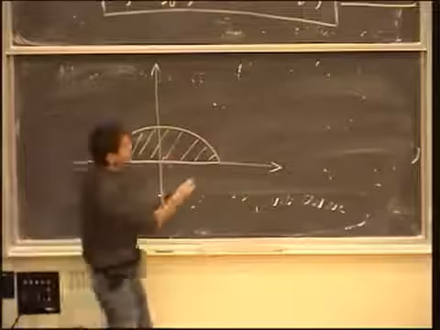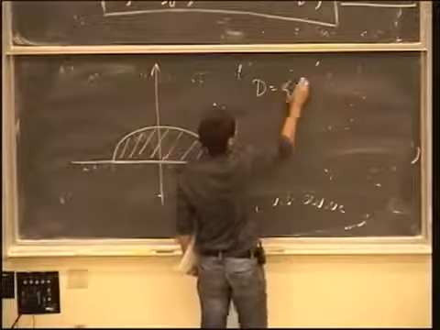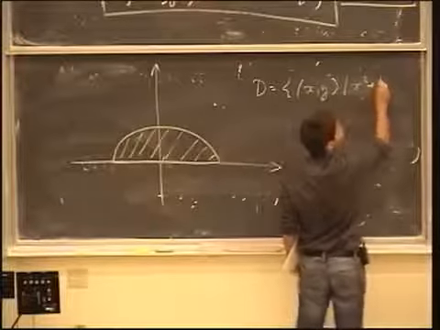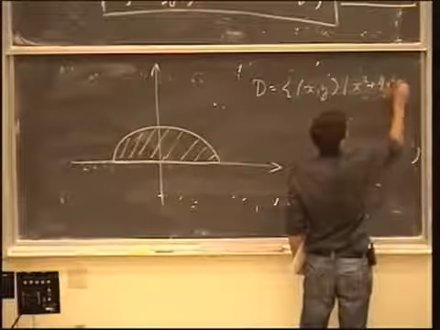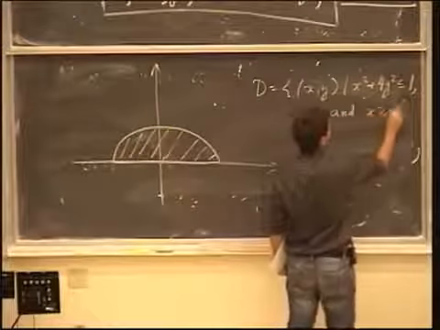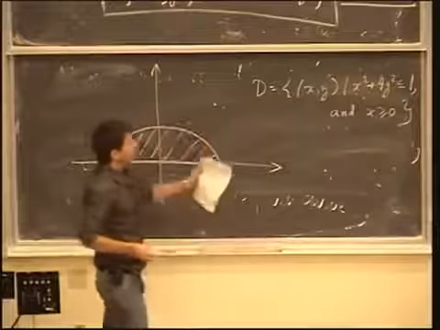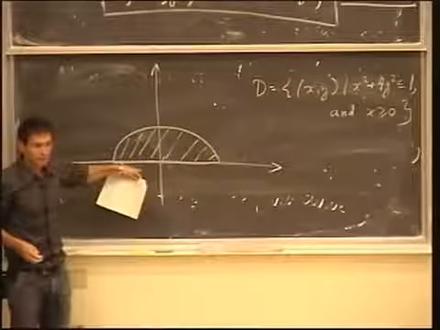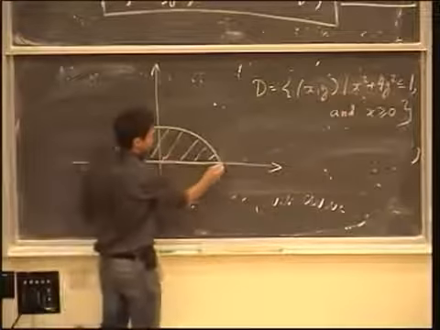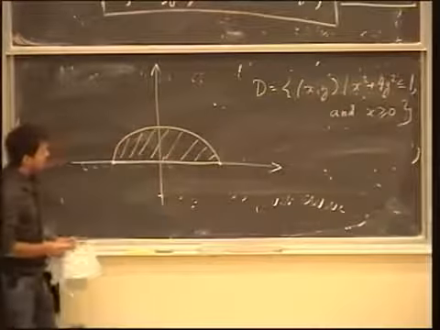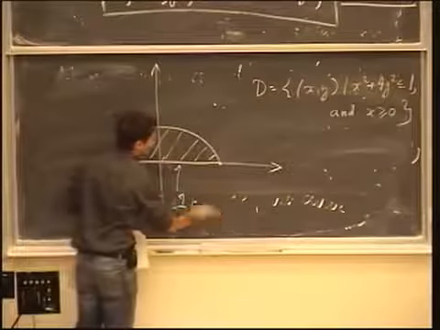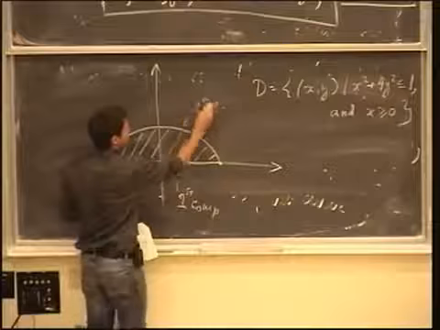You see, in this case, the domain would be x, y such that x squared plus 4y squared is less than or equal to 1, and x is greater than or equal to 0. And oftentimes, you will have domains like this. So in this case, we actually do have two corners, and we have two natural components in the boundary. This is one component, this first component, and this is the second component.